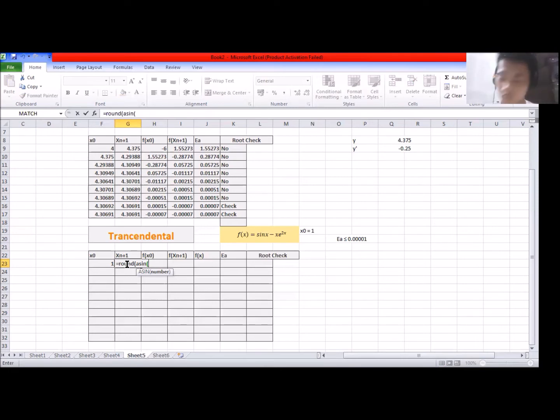To x sub 1 multiplied by exponential 2 multiplied by here. Number.